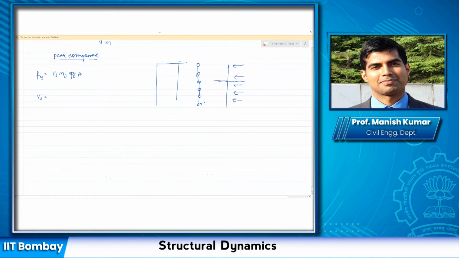For example, if I cut this here, I can sum up Fs at this level and Fs at this level and in between to get the story shear, isn't it? That would be just a free body diagram. So it would be the summation of all the Fsj where j is from i to n. So this is my story shear at the level i. So the total story shear would be the sum of all the equivalent static forces above that.